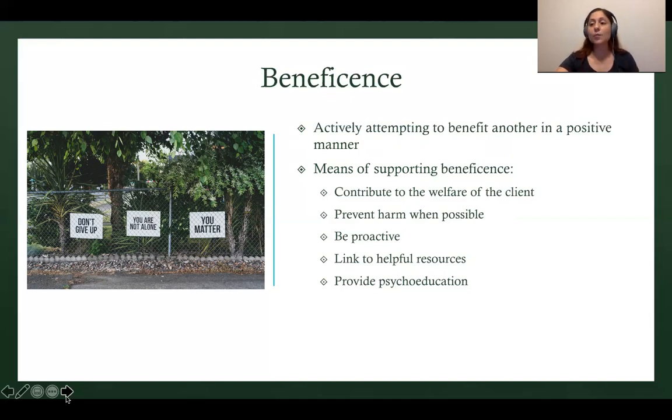And finally, we can provide psychoeducation about what they're experiencing to help normalize their struggles and help them feel that they're not alone. One thing to remember in this case is, even though we may be operating with good intentions, they may not always follow through and end up being good, right?